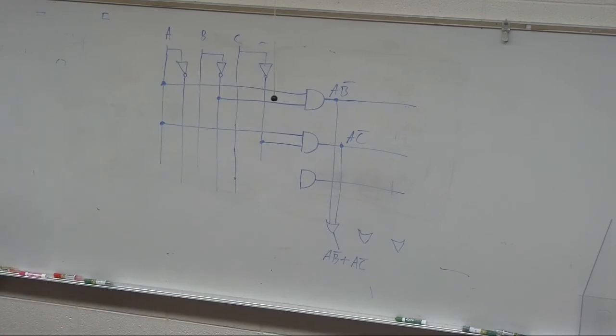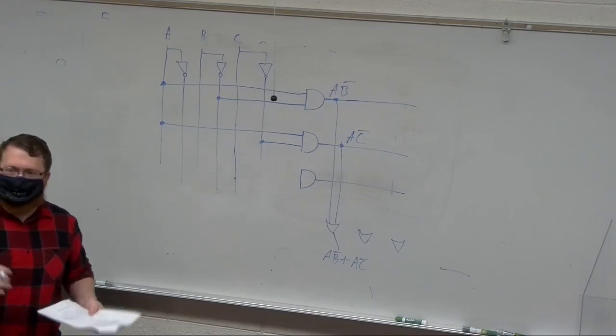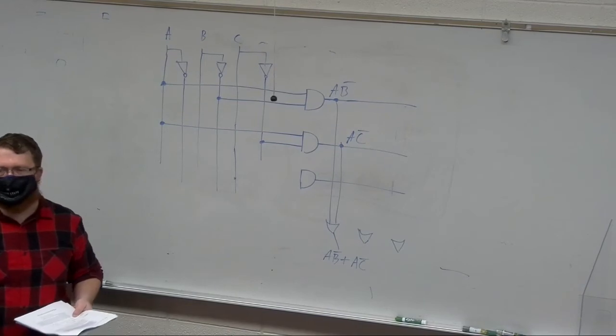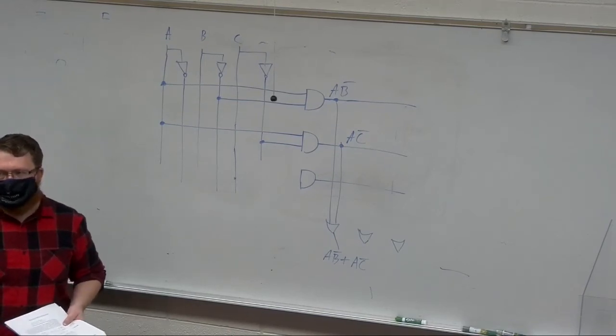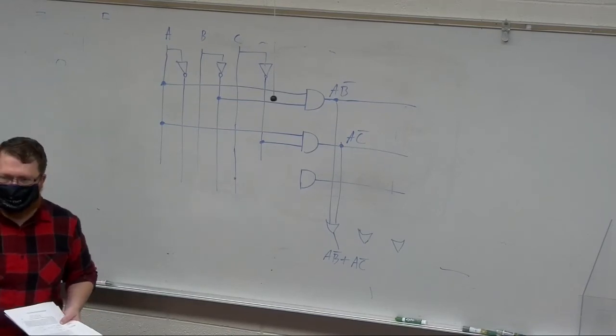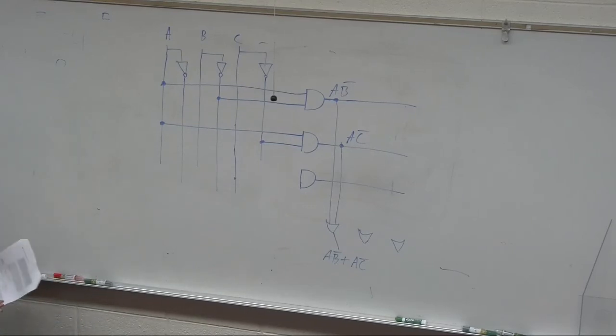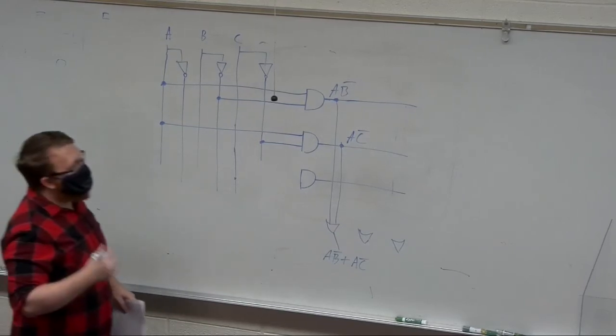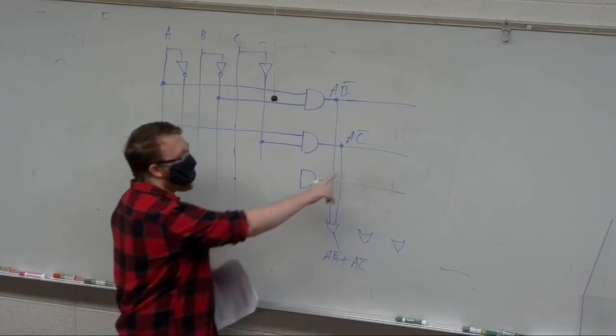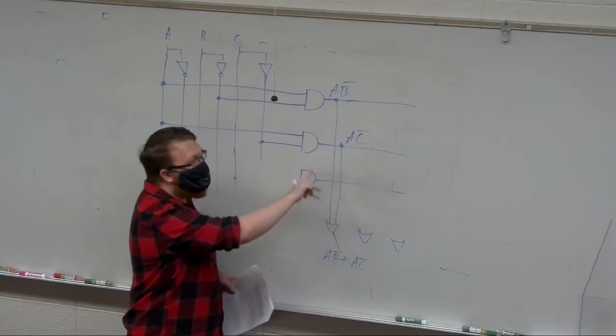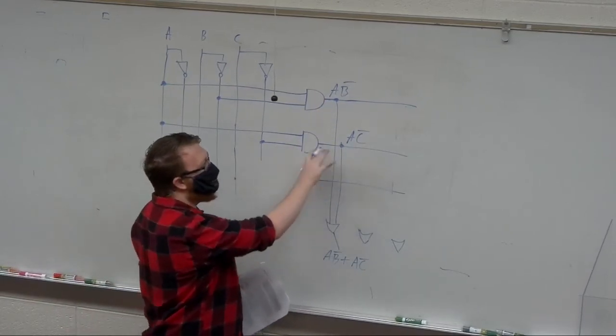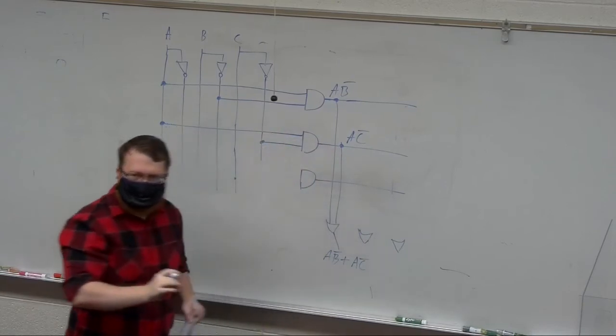And what's interesting is that the logic optimization for a PLA is different than the logic optimization for hand building a circuit. Because you want to look at these terms, and you don't necessarily care about them being the simplest term.